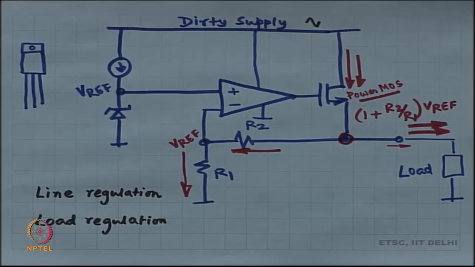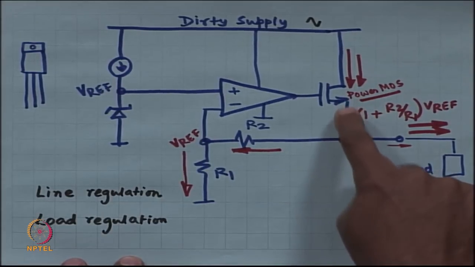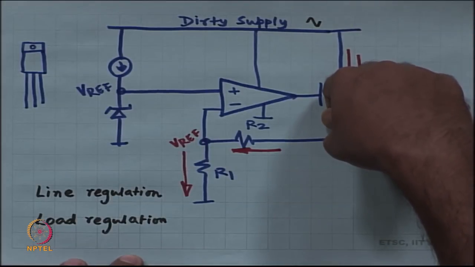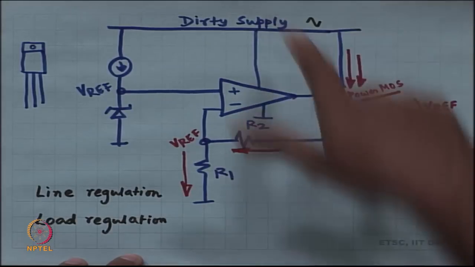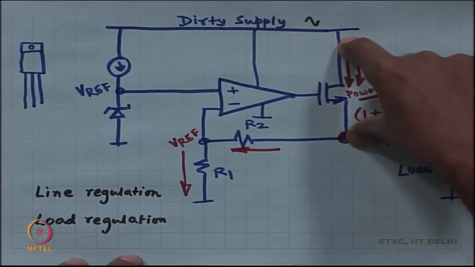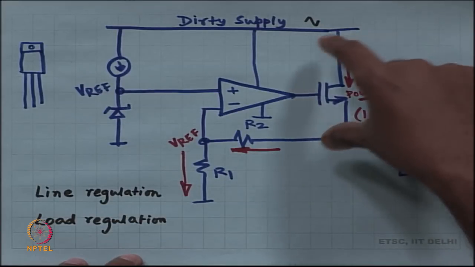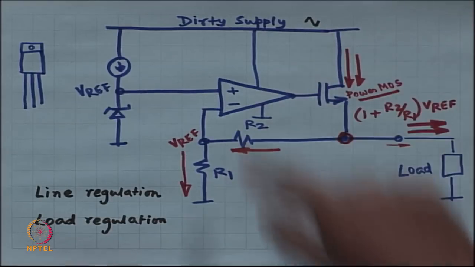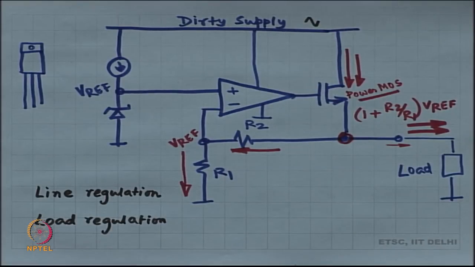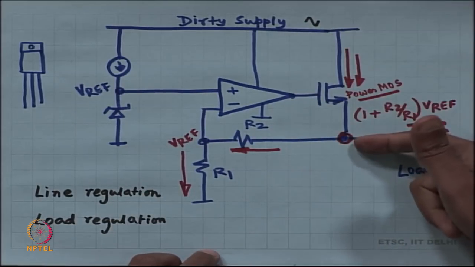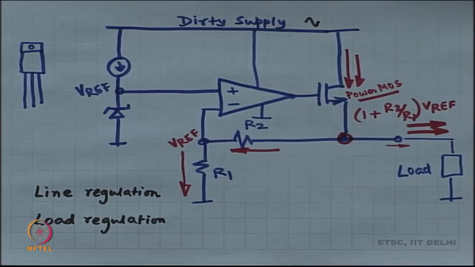Why do you need a heat sink? All the load current is coming through this power MOSFET. Dirty supply minus clean supply times that load current is the power dissipated by the power MOSFET as heat.